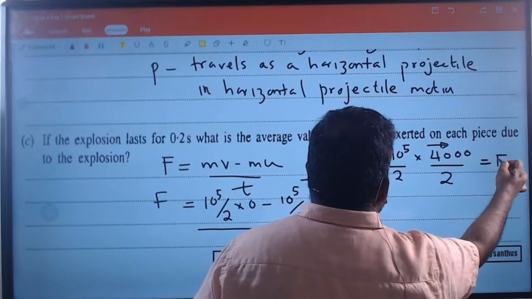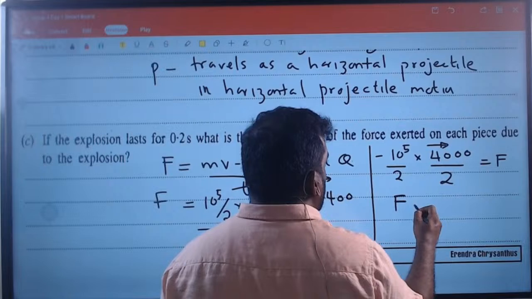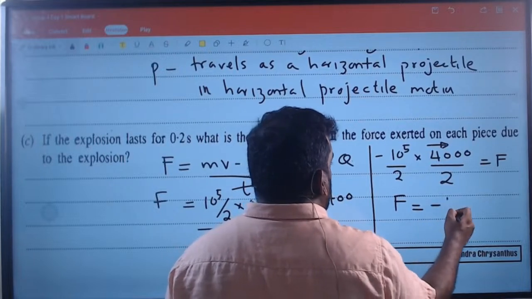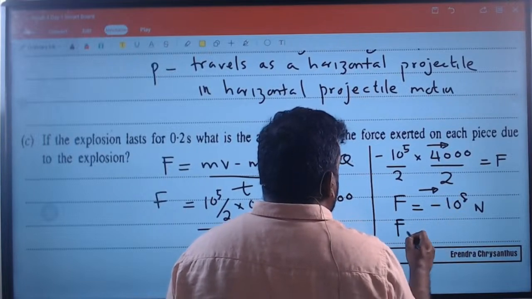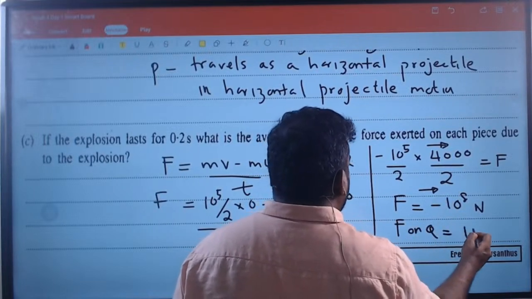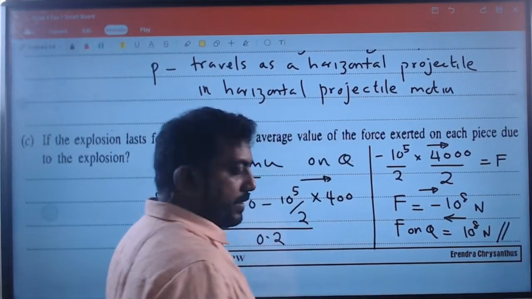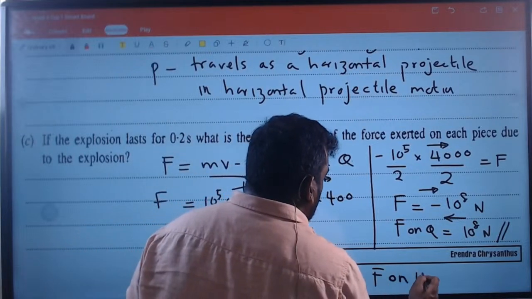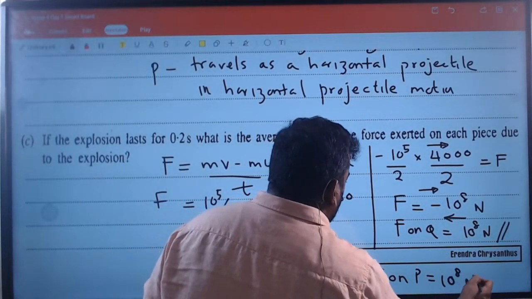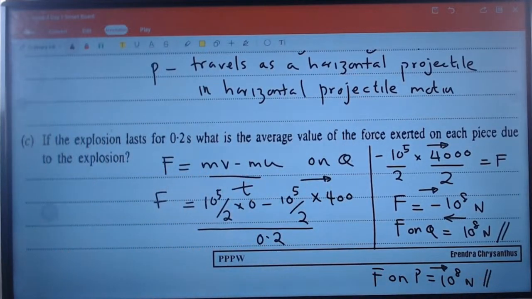That's the force. F is equal to minus 10 to the power 8 Newtons in the forward direction. The force on Q is 10 to the power 8 Newtons in the opposite direction. Every action has an equal and opposite reaction. The force on P will be 10 to the power 8 Newtons in the forward direction.